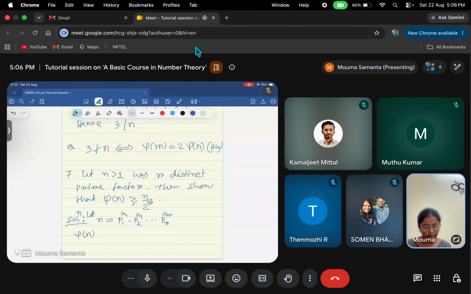Phi n equals to... also another thing is given, n is greater than 1. So n is greater than 1, that means this condition also you have to use. So can you tell me?